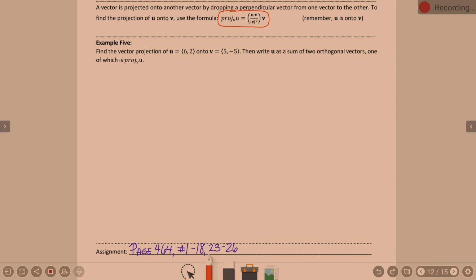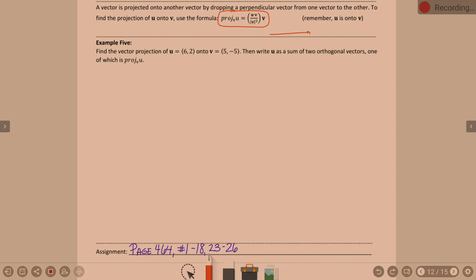With that formula, specifically it is u onto v, as it's dropping one vector onto another. If a vector is projected onto another vector, it's dropping a perpendicular vector from one to the other. So, for example, let me give you a picture here.